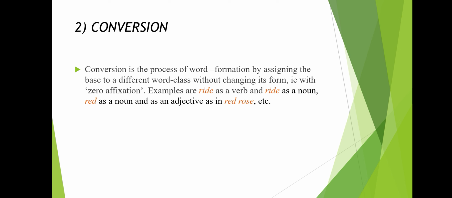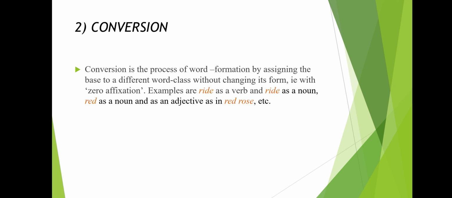Then another example is red as a noun and as an adjective, as in red rose, etc. So red, as we all know, is the name of a color and it is a noun. But when we take red rose, the red there is an adjective, in red rose, red bow, red bat, etc.